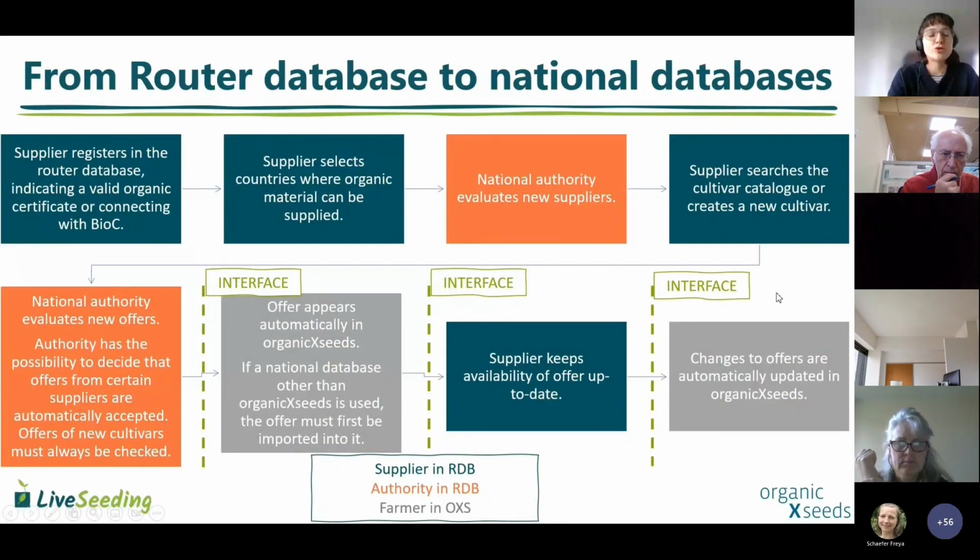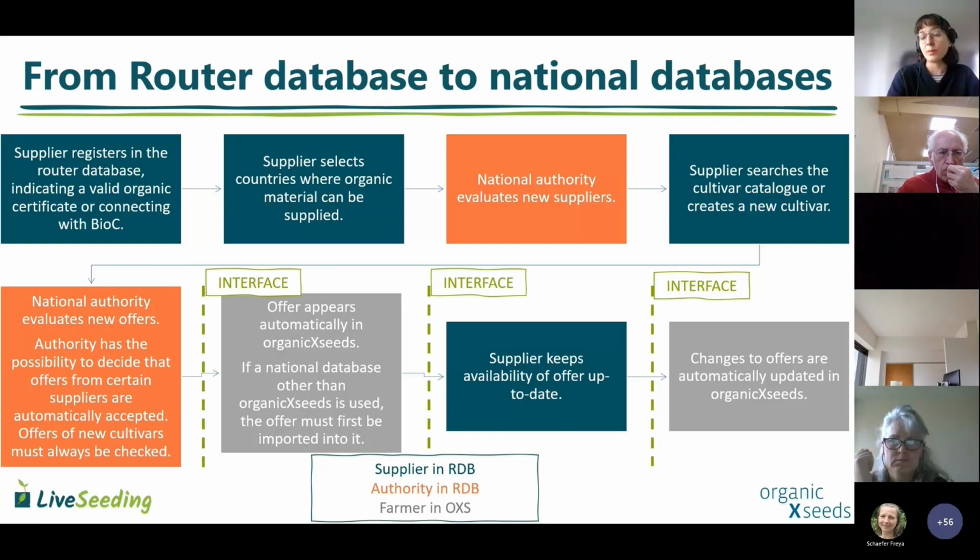Now I want to show you the process of how an offer comes from the router database to OrganicXseeds, and which steps you as a supplier have in this process, which is here indicated by the dark blue boxes. So first, you will need to register to the router database, and when you register, you need to indicate a valid organic certificate. You can do that with either connecting with BOC.